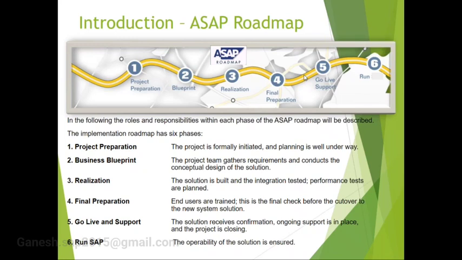Once after 1 month, they are familiar with the transaction codes and the process. And before this, the business has to prepare the SOP, standard operating procedure, for each process. So whenever a new employee joins that department, he can go through the SOP.